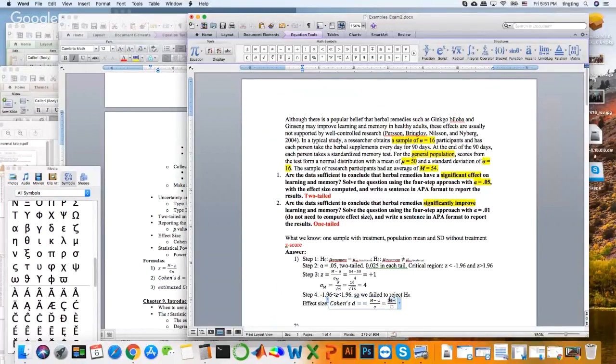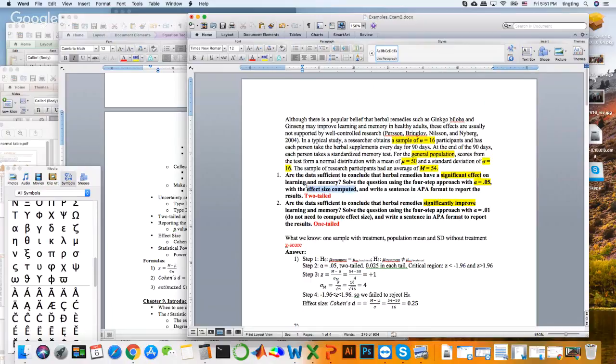And we know the mu, which is 50. We know the sigma, which is 60. And then we know the coefficient is equal to 0.05 for the effect size, and then we need to write a sentence in APA format to report the result.